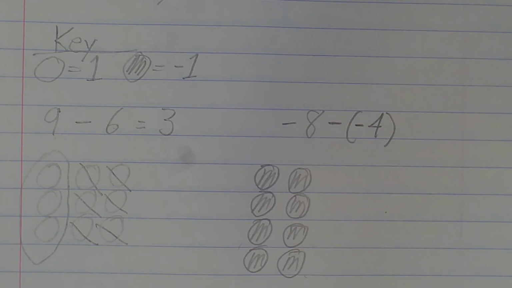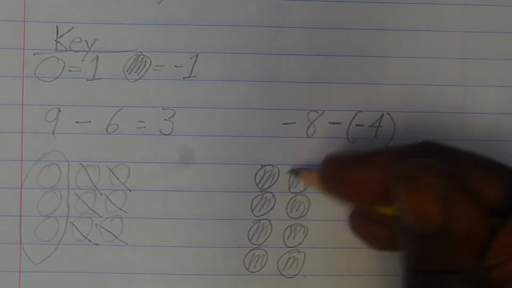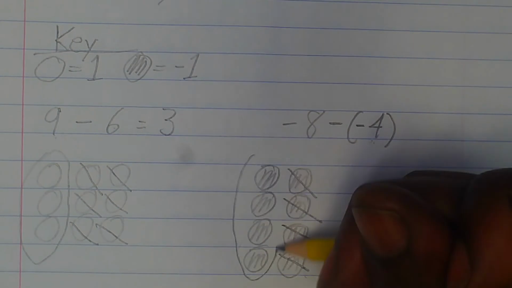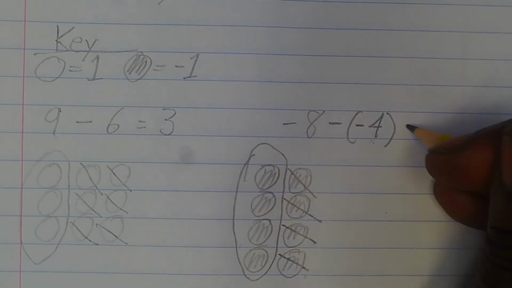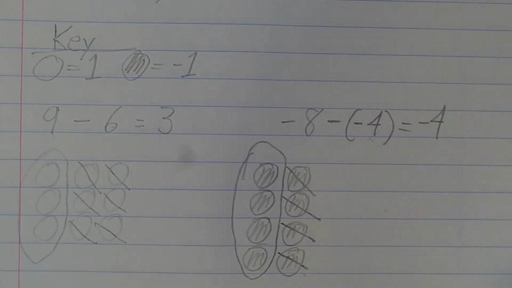All right, so we have 8 negatives represented, and we need to take away 4 negatives, or -4. So we just cross those out. And whatever we're left with is our answer. So that's a -4.